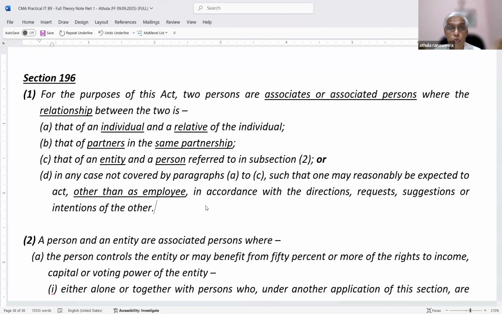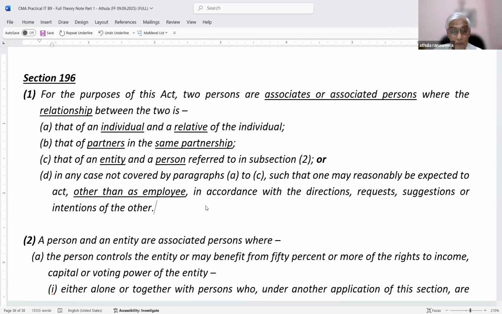That means there's a person who is giving instructions, directions, requests, suggestions and all. Then another person is acting according to that. Then those two persons are associates. Now, when we take politics and all, there are so many people who are acting on the intentions of those politicians, or politicians may be acting on the intentions of the voters, at least until they win, right?